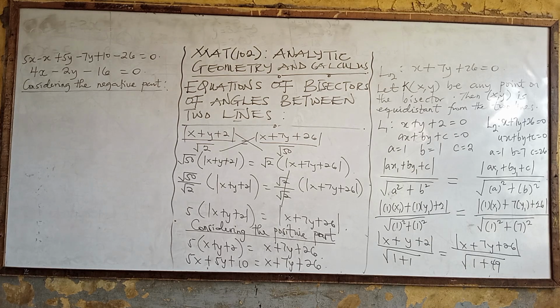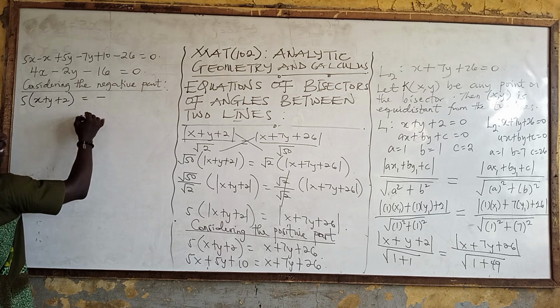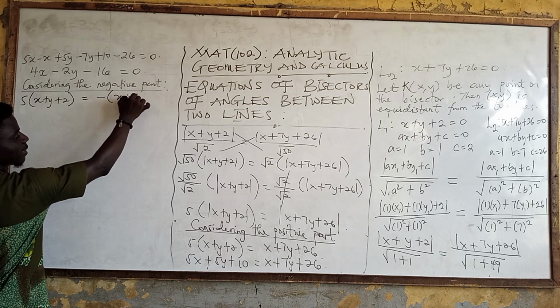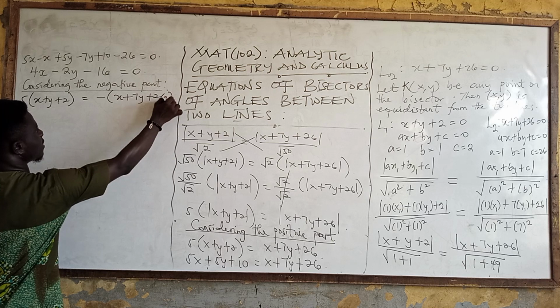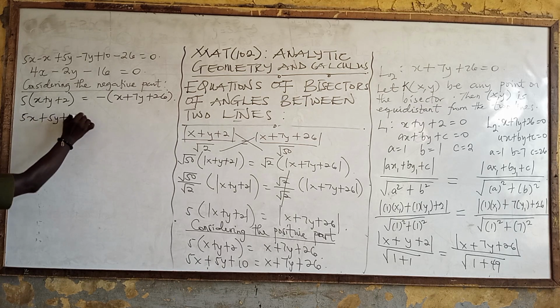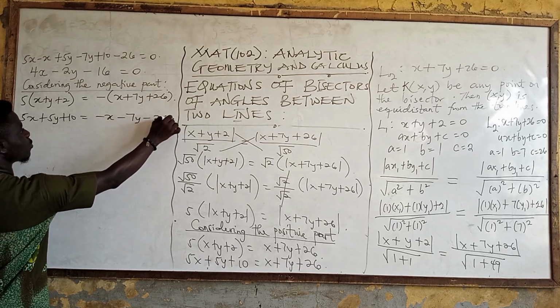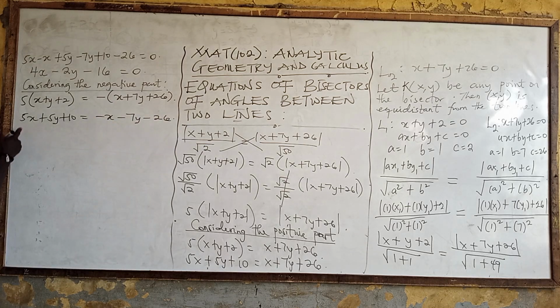So we'll get our 5 times our x plus y plus 2, which must be equal to the negative of x plus 7y plus 26. You can bring the negative here. Just negate it here. So this one you get 5x plus 5y plus 10 equals negative x minus 7y minus 26.